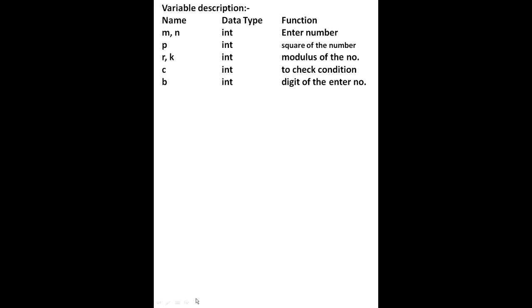Now we will write the variable description: m and n, the entered number; p is the square of the number; r and k, the modulus of the number; c is an int to check the condition; and b is the digits of the entered number. Hope you all understood.